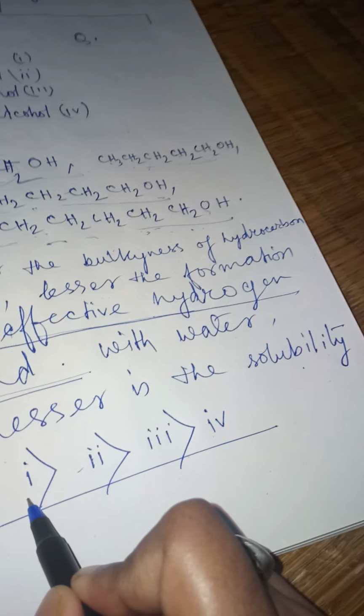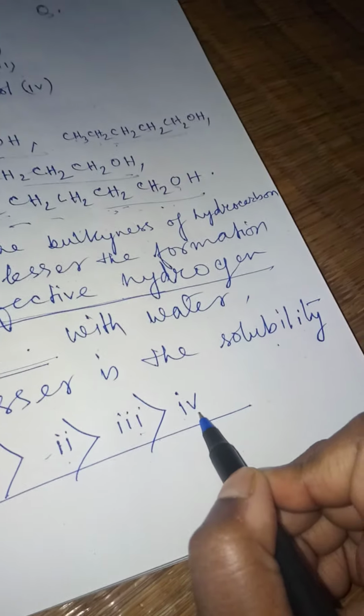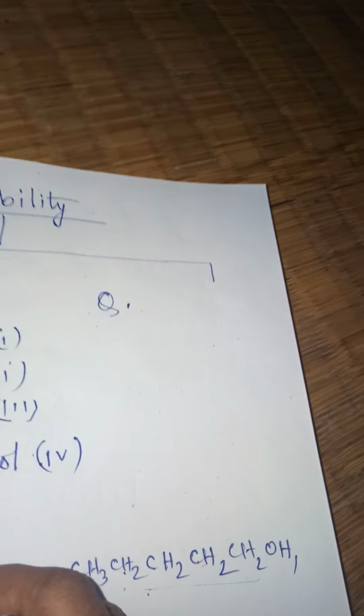Number 1 has the higher solubility, then 2, then 3, and at last 4 will come. Am I clear? Now the next question. I told you that solubility we will discuss in two parts.